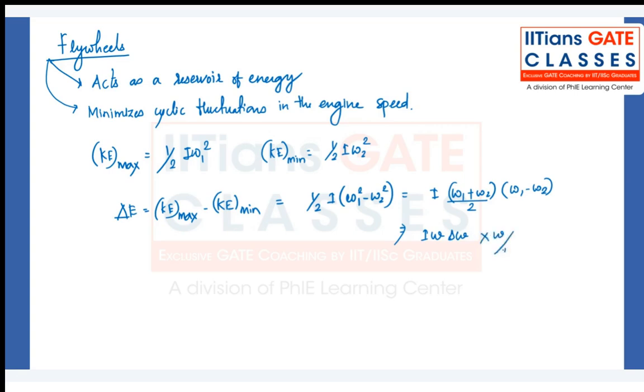Now if I multiply and divide by omega, I can further write it as I omega square into delta omega by omega. This is your delta E.